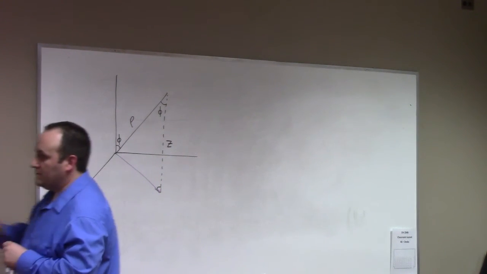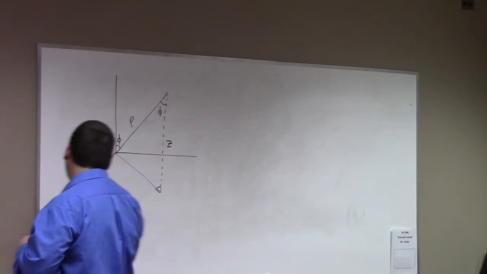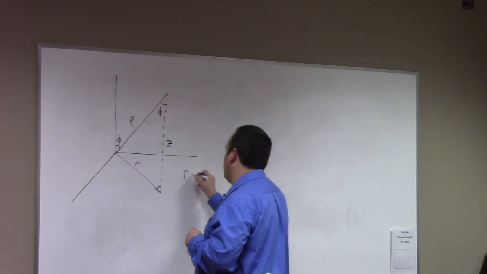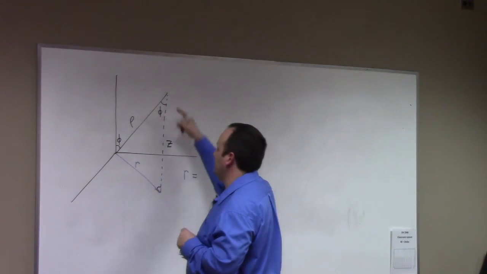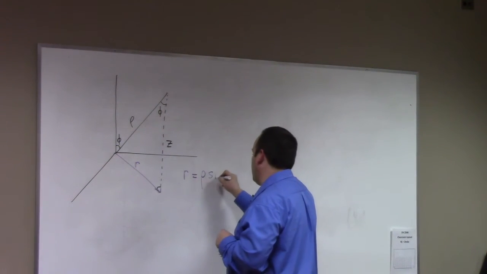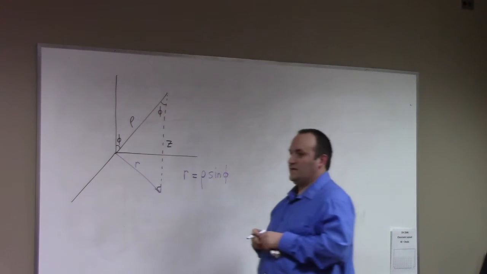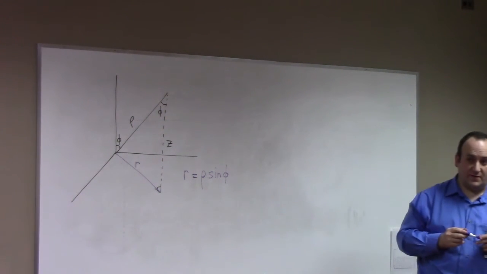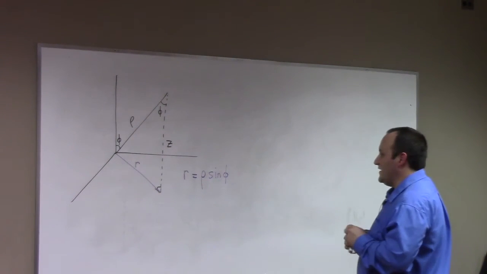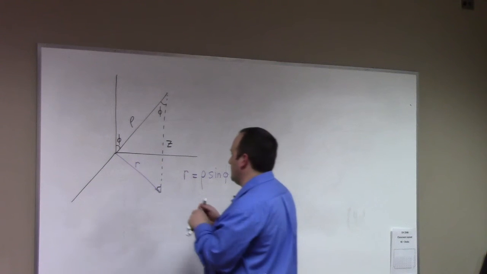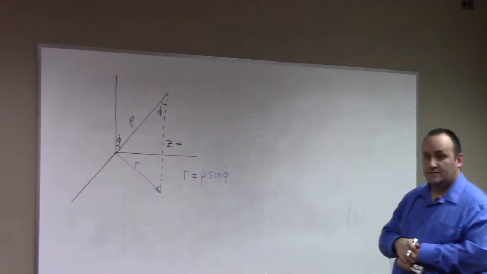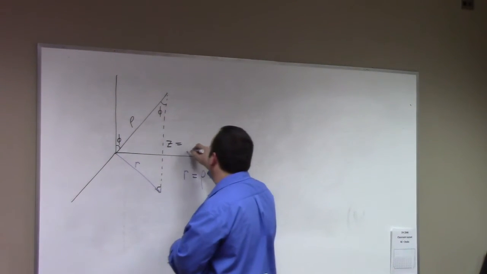It's what we called r in the cylindrical coordinates. What's the formula for r? Rho is the hypotenuse, and r is the opposite side, so r equals rho sine phi. So there's a formula which connects the cylindrical radius to the spherical radius. Rho is also known as the spherical radius. How about z? That's the adjacent side, so z is equal to rho cosine phi.